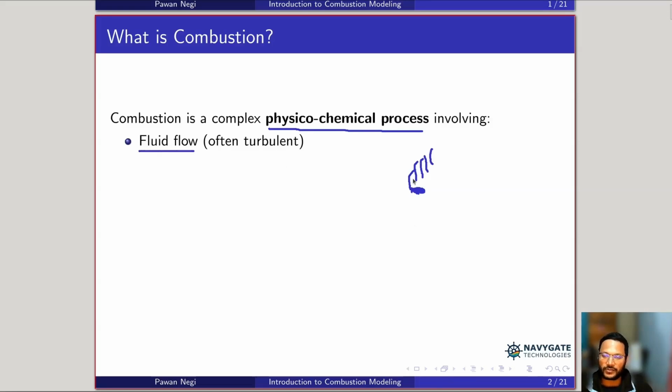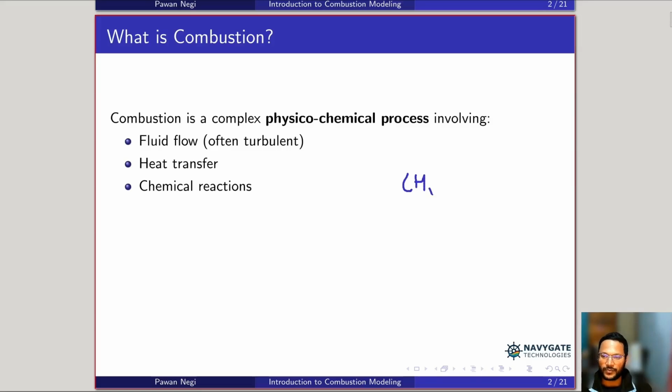Then there will be heat transfer, because if something is burning, it will raise the temperature of the mixture surrounding it, and this will involve heat transfer from the substance to the surrounding. Then there will be chemical reactions. For example, CH4 is burning, it will react with O2 and it will give rise to some N times H2O and M times CO2.